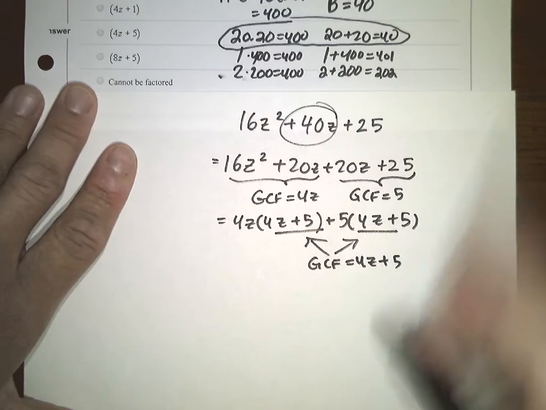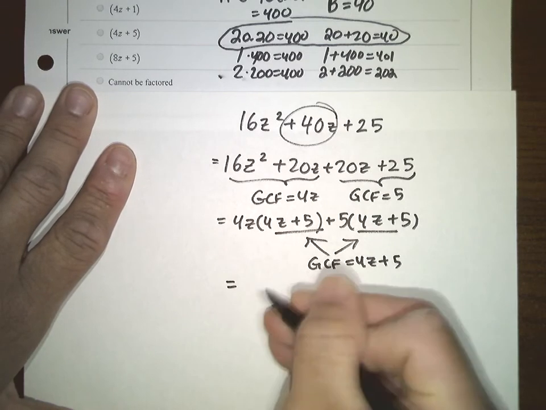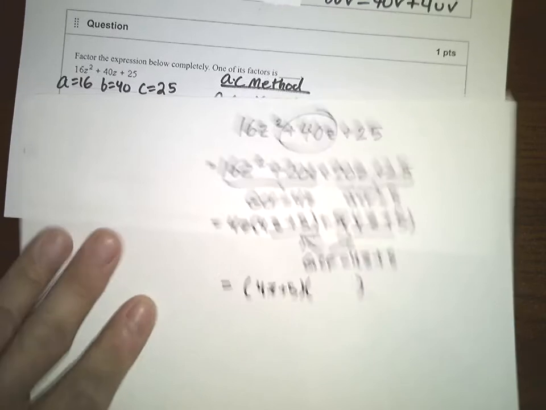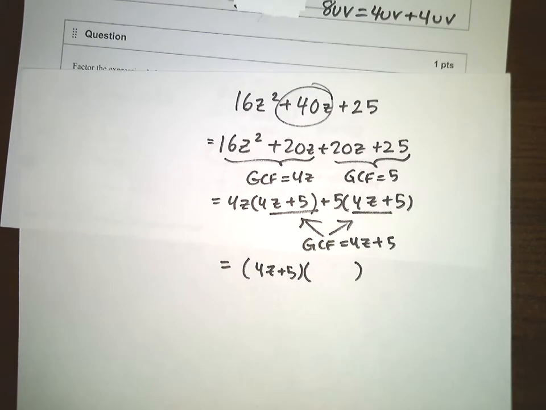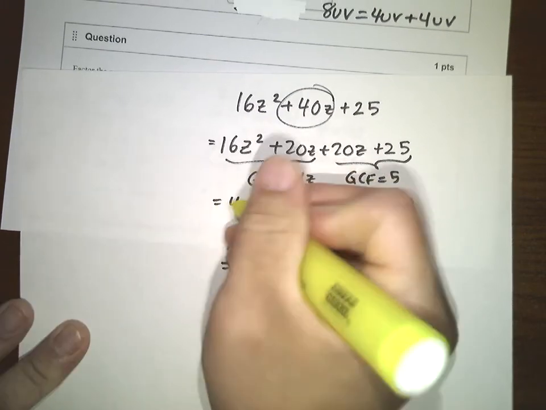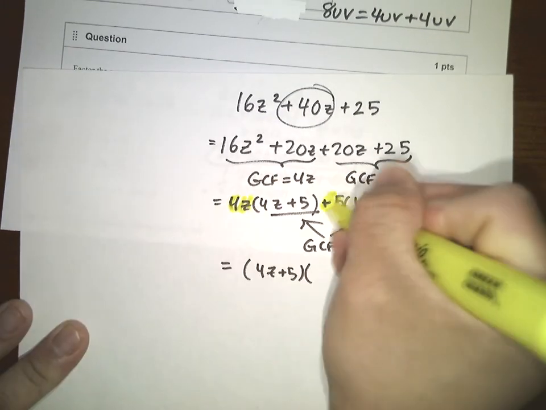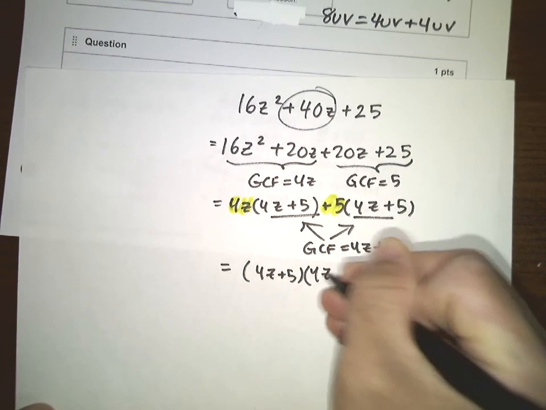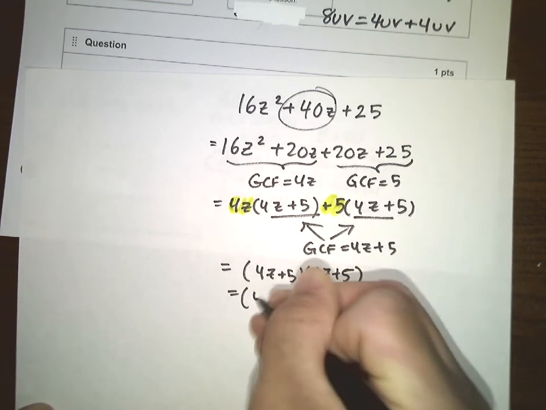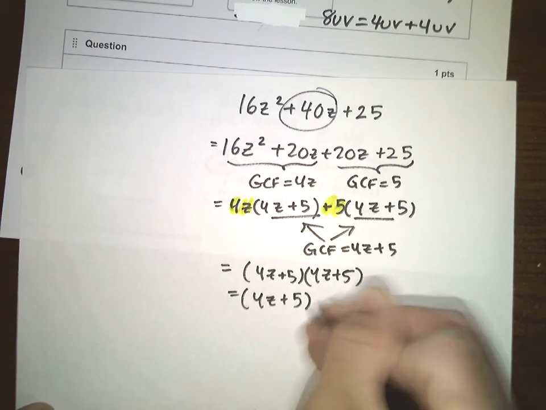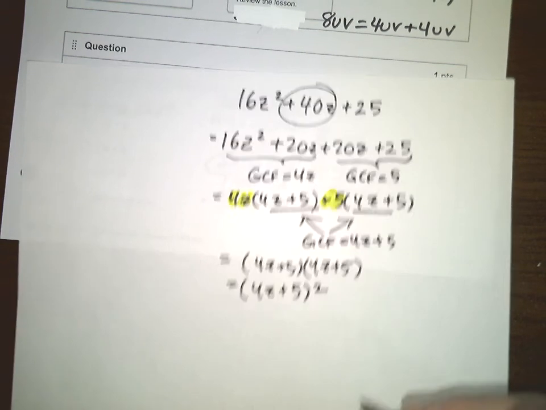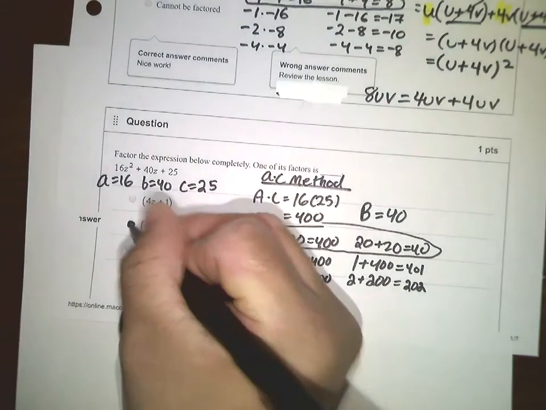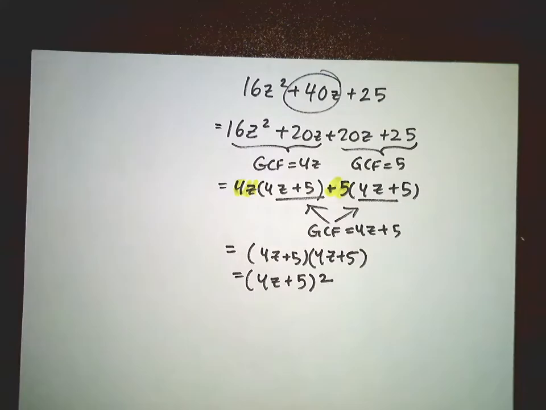So if I do this, I have a 4z plus 5 times, once I divide out the 4z plus 5, I still have 4z plus 5 left. So 4z plus 5, and I could write that as 4z plus 5 to the second power. So that means that the 4z plus 5 is one of the factors.